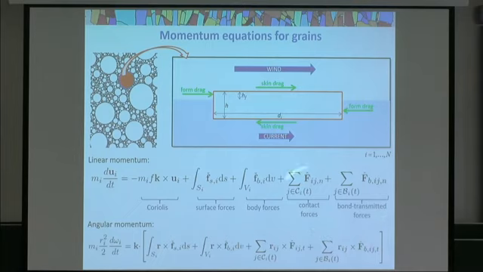And very importantly, we have two types of interactions between grains. The first one is through direct contact when the grains are touching each other, and the second type of interaction is through bonds connecting grains. We here sum over all neighbors or all partners of a given grain in order to calculate the total force acting on that grain.